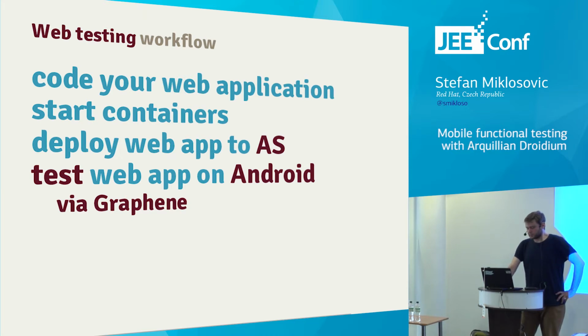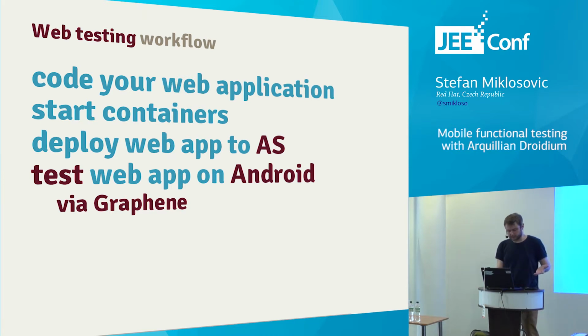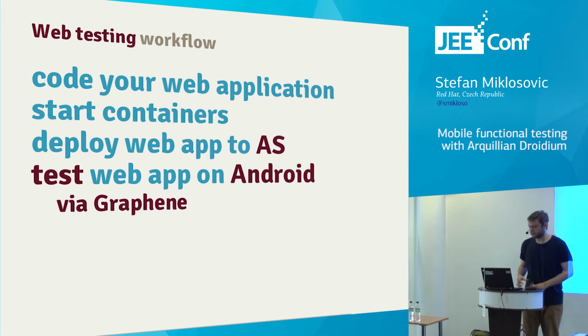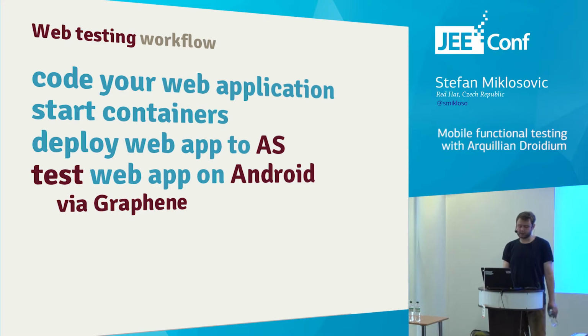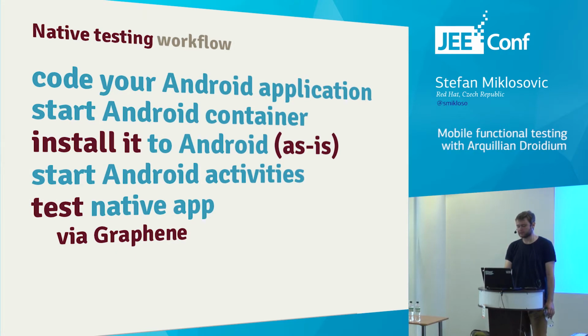So what you actually need to do in order to carry out some testing? In case of web testing, you code your web application, your war file, you start JBoss, you deploy that war file on it, and after that you test that application from the Android point of view. And in case of a native application, you code your Android application, which results in an APK.